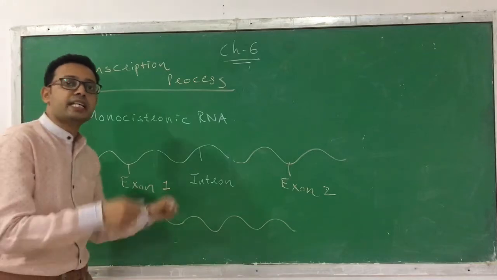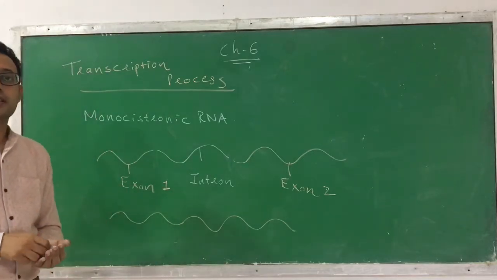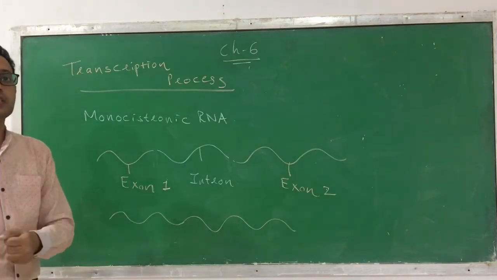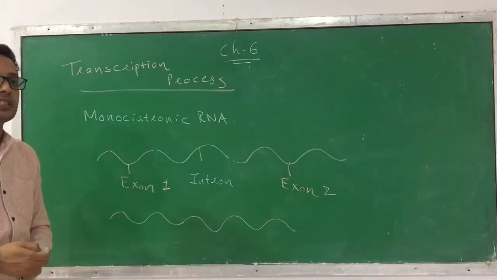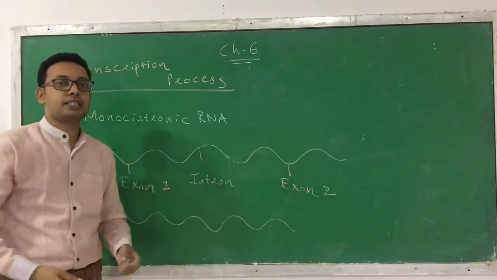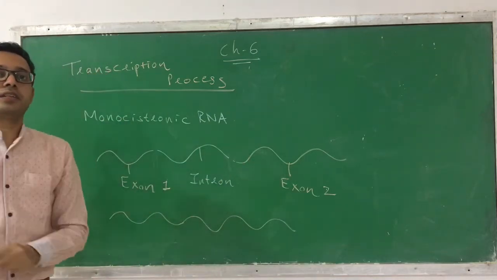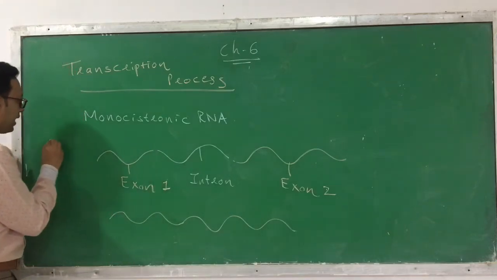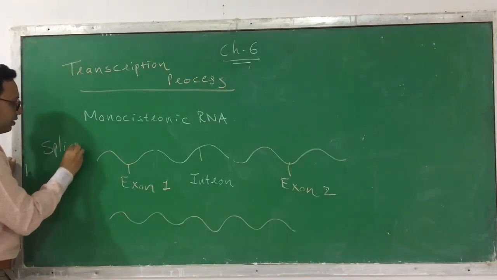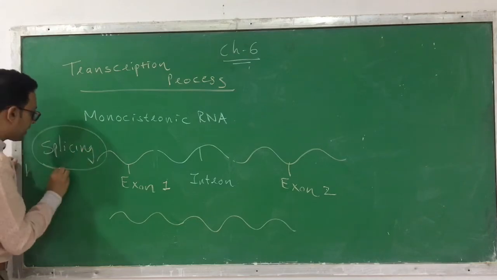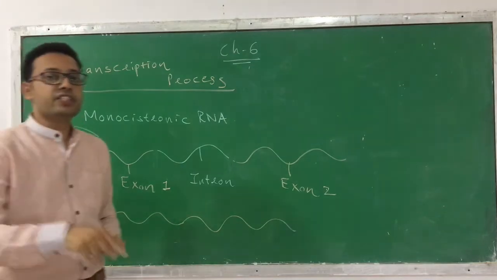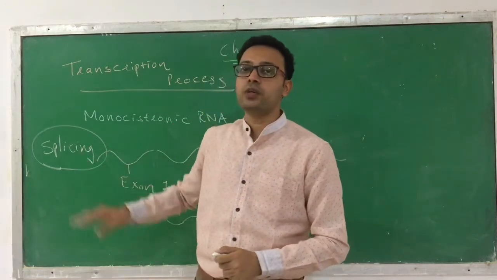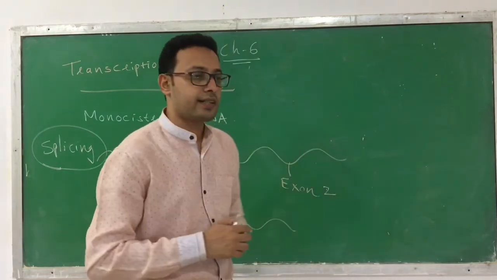So this process that occurs in the eukaryotic cell, and does not occur in a prokaryotic cell, the removing of the intron or intervening sequences and joining the exon parts in a specific manner or specific sequence, is called splicing. So this splicing occurs in the eukaryotic cell, which does not occur in the prokaryotic cell. This is the difference between eukaryotic transcription and prokaryotic transcription.